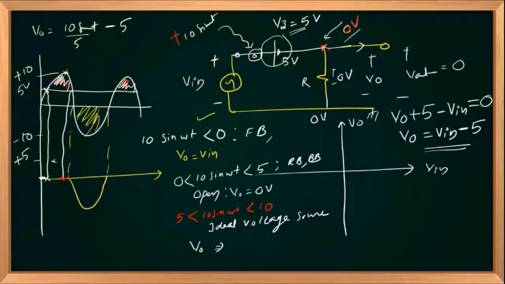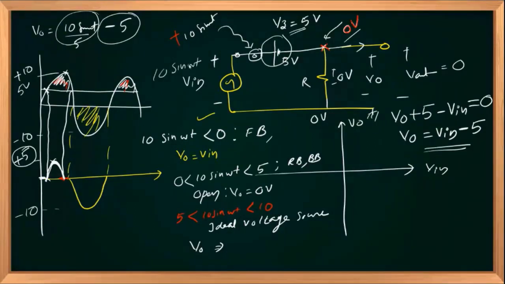If you are subtracting or adding a DC value to a sinusoidal voltage, the shape of that voltage won't change. So it preserves the sinusoidal shape, and the peak value is plus 5, the negative peak is minus 10 for a 10 sin omega t.